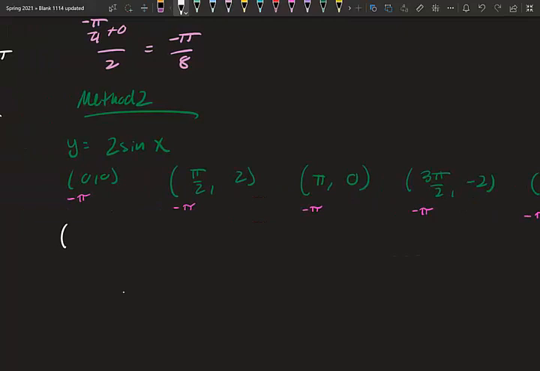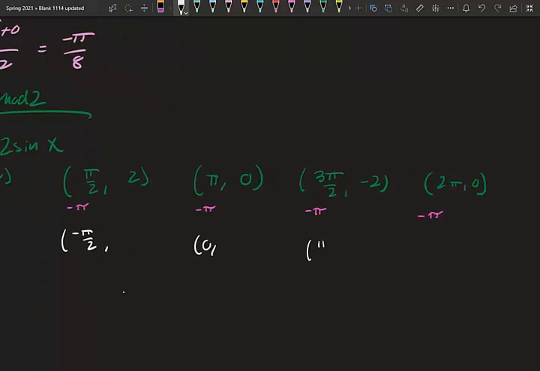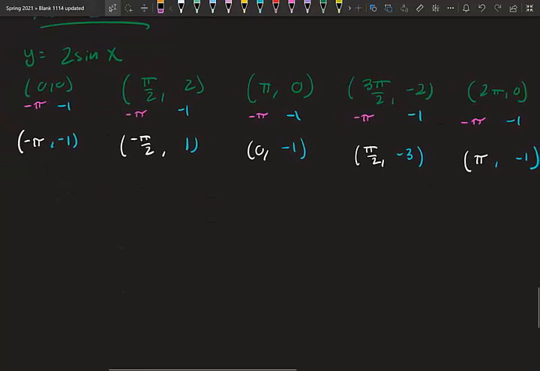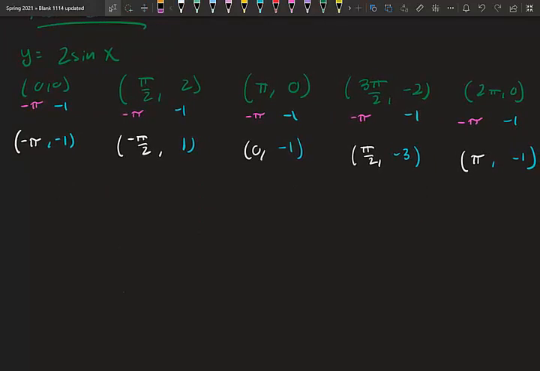When we do that, we get -pi, -pi over 2, 0, pi over 2, and just pi. So we subtract pi from each of our x's, and then we subtract 1 for each of our y's, and then we have our new points. From there, you just plot the points, and then you would have your transformed graph.